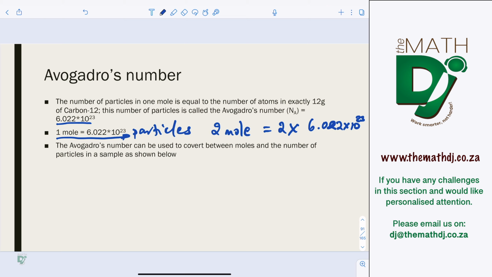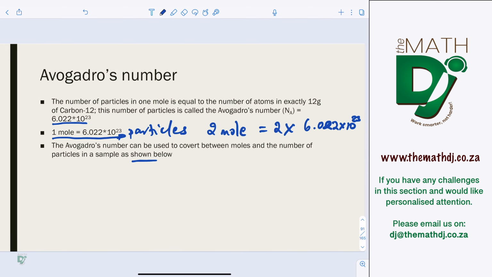When you use your calculator, you will find the final answer. So the Avogadro's number can be used to convert between moles and the number of particles, as shown below.